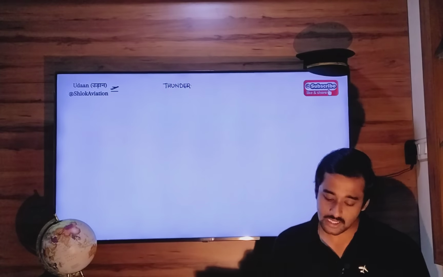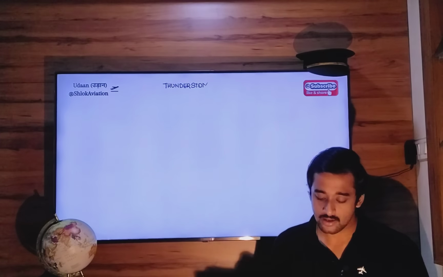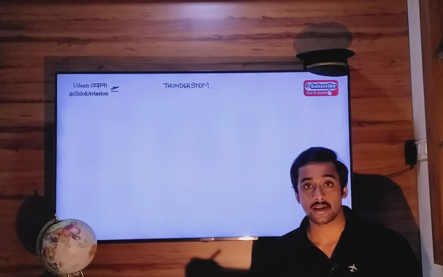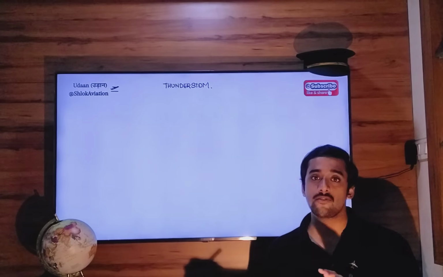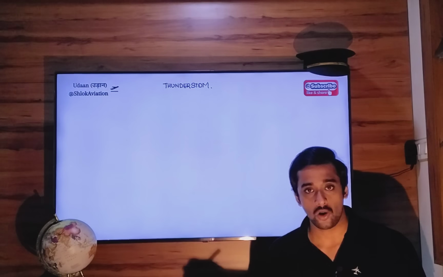Thunderstorm. What happens? Thunderstorm is nothing but lightning, static electricity discharges. This static electricity will interfere with your NDB ADF operation.